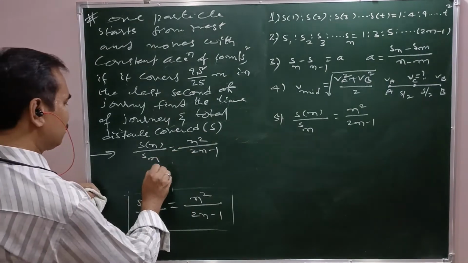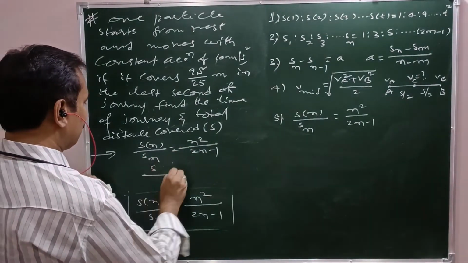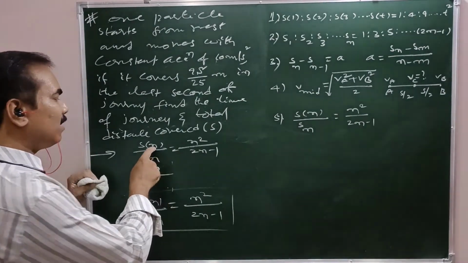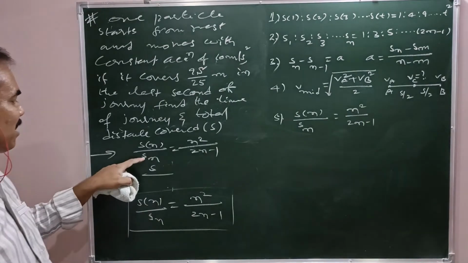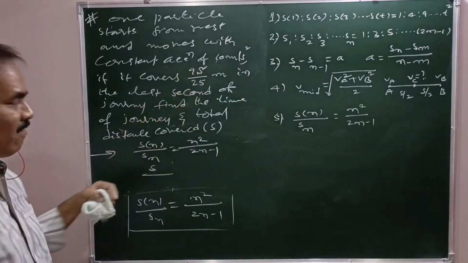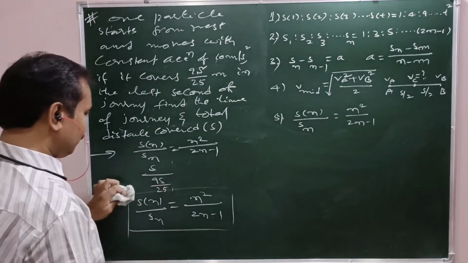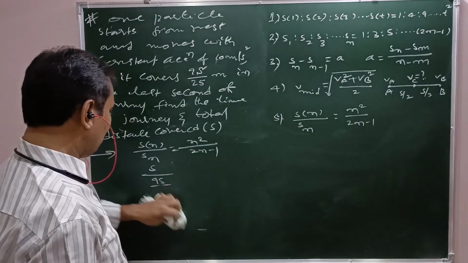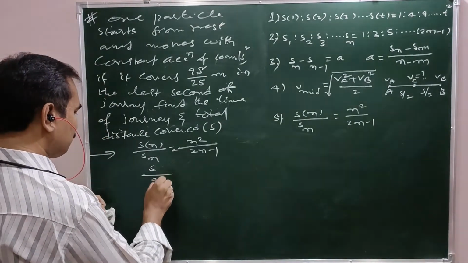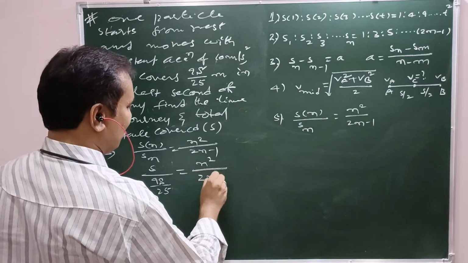S. So total distance S divided by the distance covered in the nth second, that is 9S by 25, which is equal to n square by 2n minus 1.